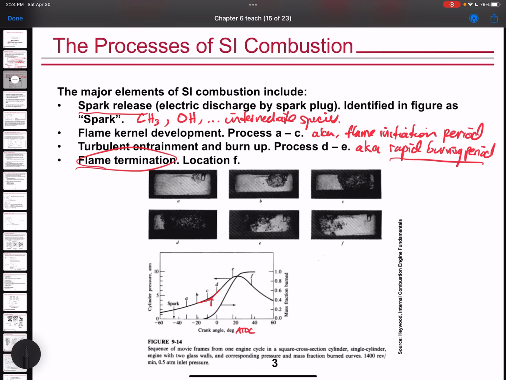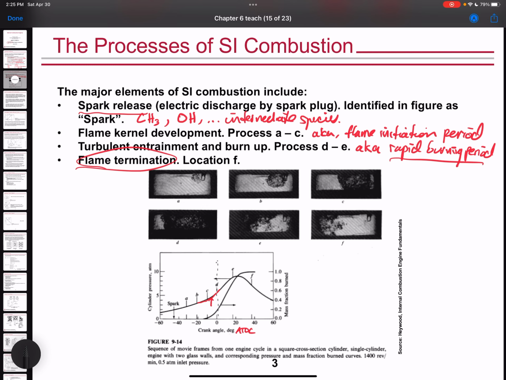And so the pressure was rising as we went from, say, 60 degrees before top dead center to just before top dead center. The pressure was rising due to compression. But then we get to this point here where we have this kink, and now pressure is rising up until we get to top dead center as a result of both compression and combustion.